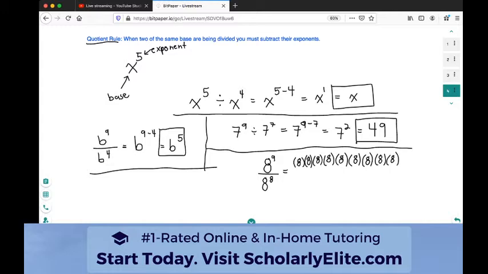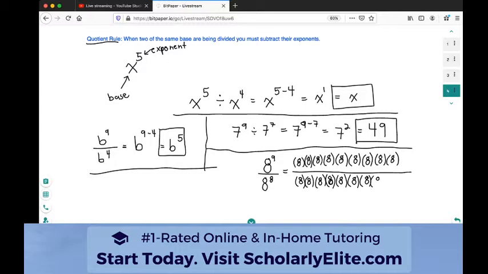Another way that we can write 8 to the power of 8 is literally writing 8 times itself, 8 times. And I'm going to show you guys why we subtract their exponents and what the reason is behind how this rule works.